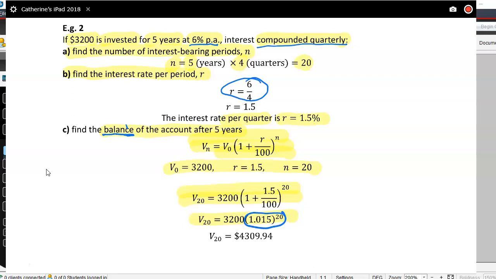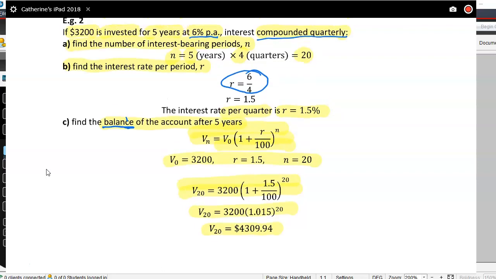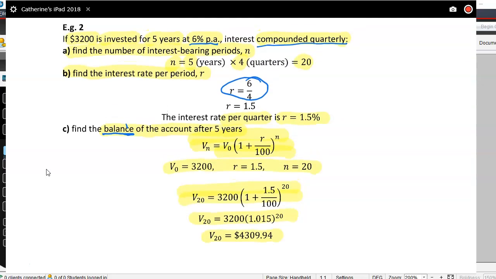I've seen students make that mistake where they've got the whole thing raised to the power of 20. So that means we end up with a V20 of $4,309.94.